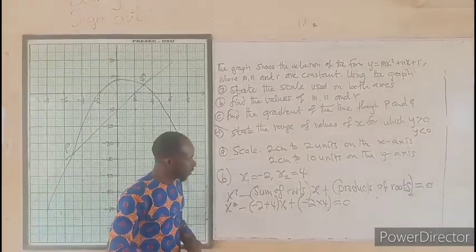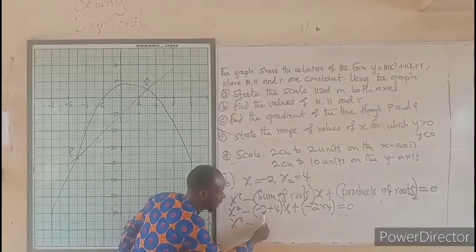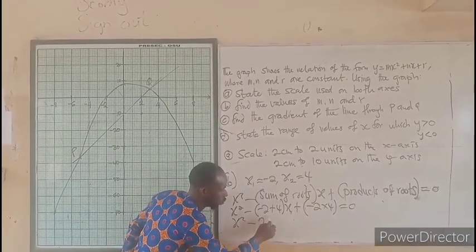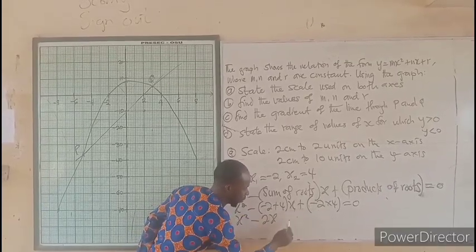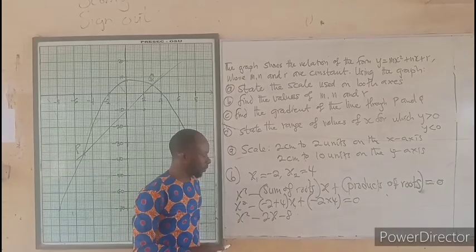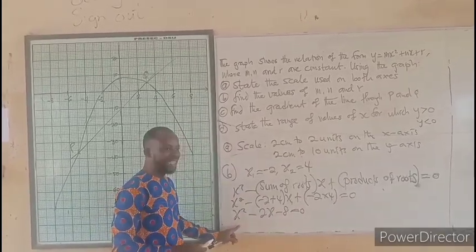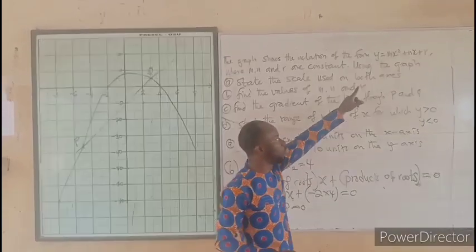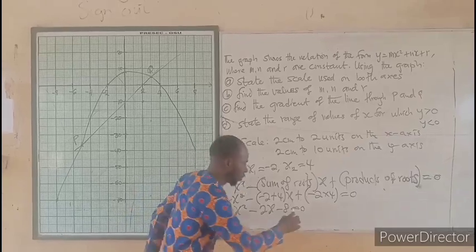So if that is out of the way, we have x squared minus, this becomes positive 2, times x, then negative 2 times 4, so minus 8. All this equals 0. So now we can compare this equation back to the one we were given so that we can find the coefficients.